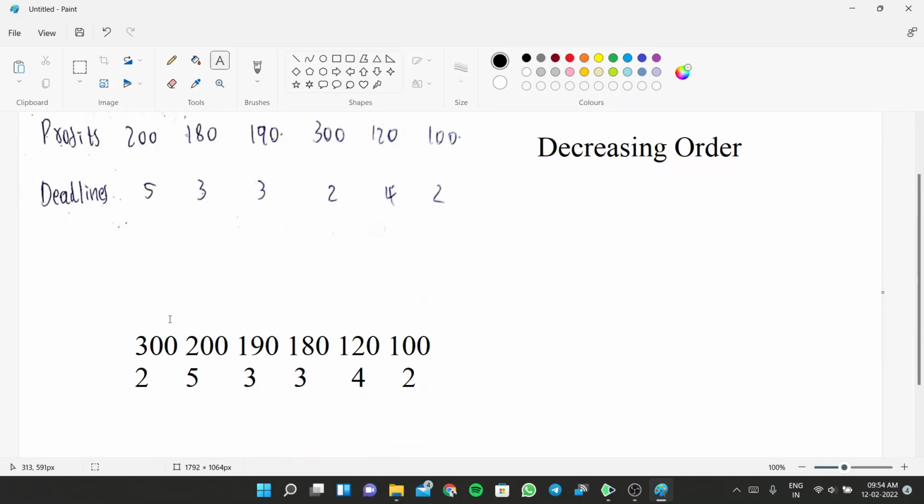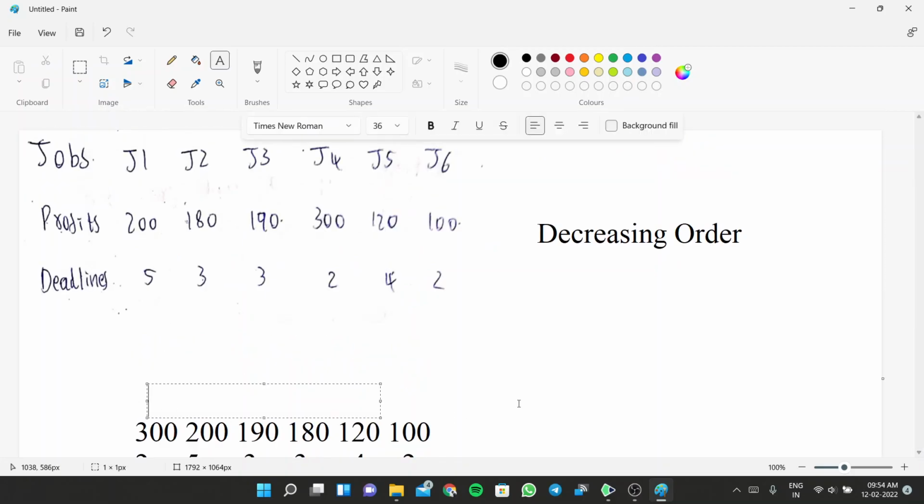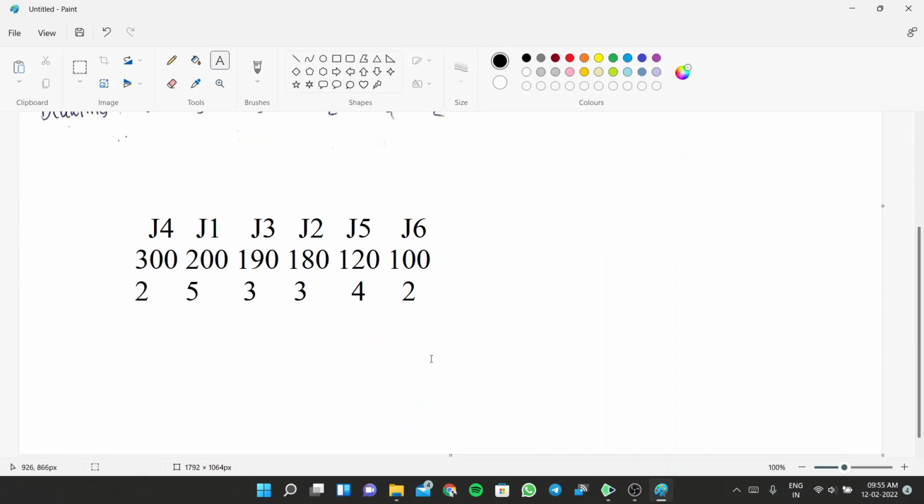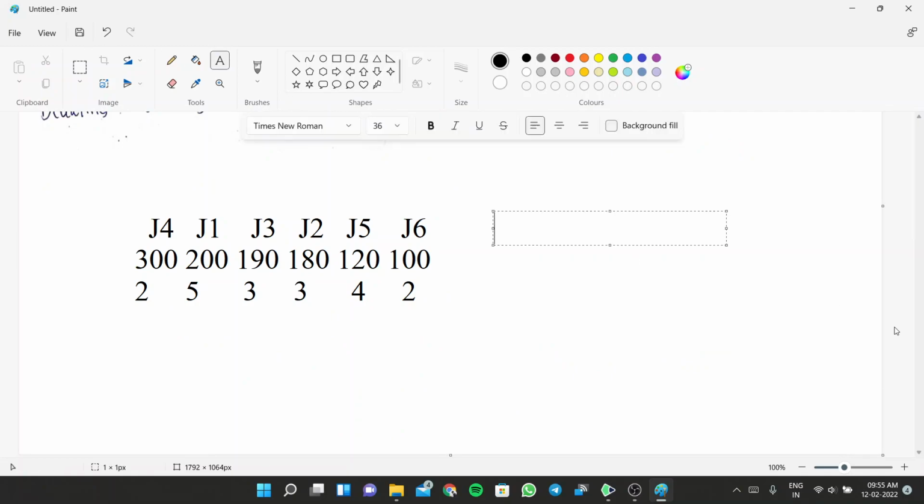And we will mention the job numbers here too: job 4, job 1, job 3, job 2, job 5, job 6. So we will consider this, and now we can see that the maximum deadline is equal to 5.